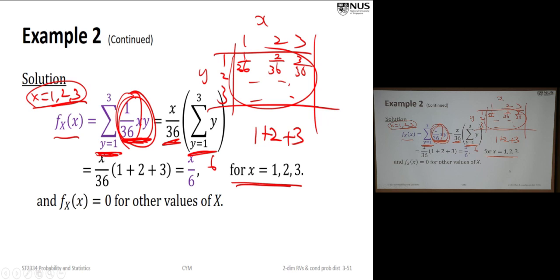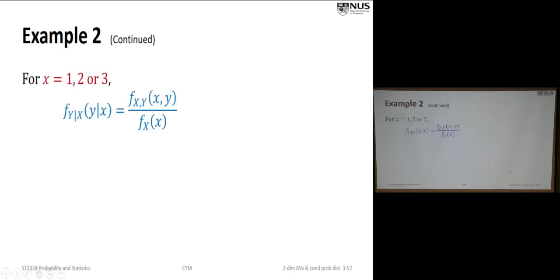So once we got the marginal of x, then I can proceed to find the conditional distribution of y given x. All right? So remember, for the conditional distribution of y given x, the random variable is y. So x is fixed. X is fixed, but x is fixed at 1, 2, or 3.